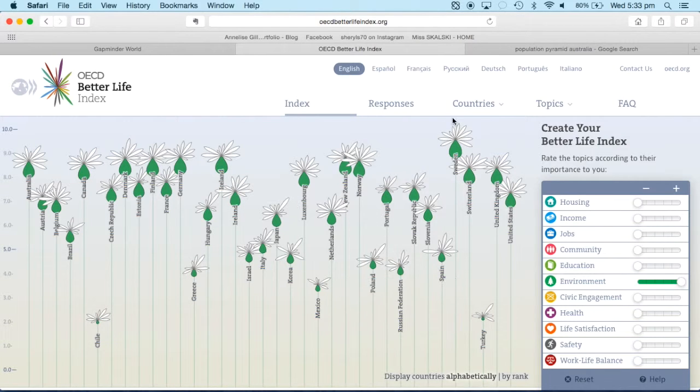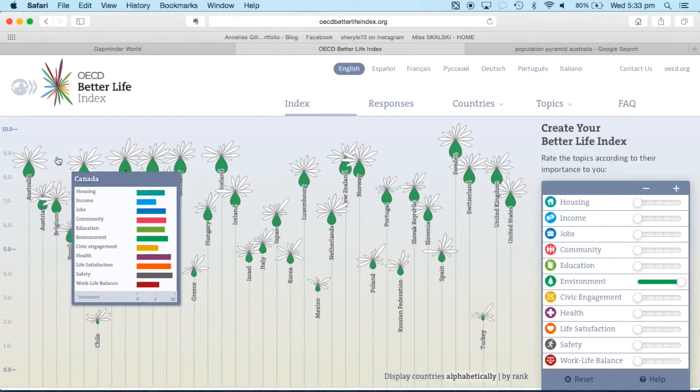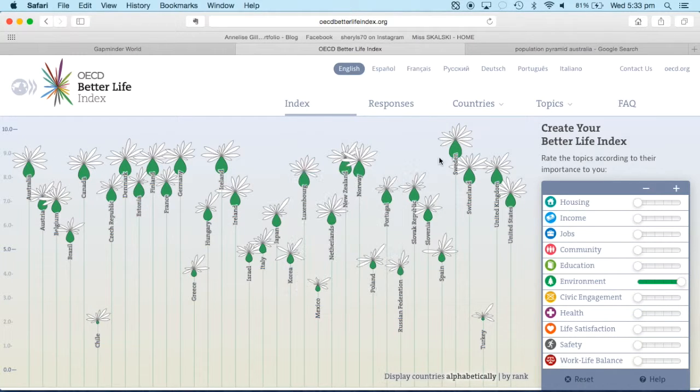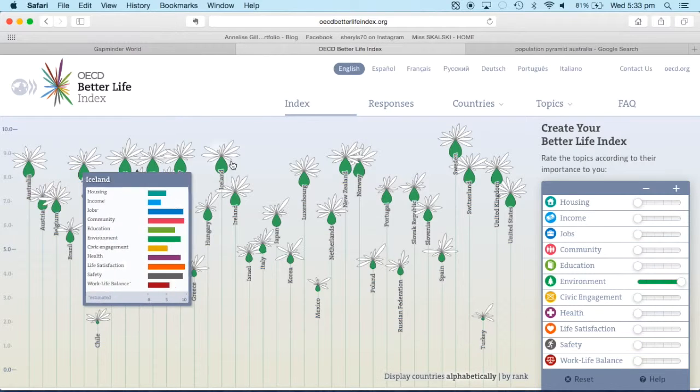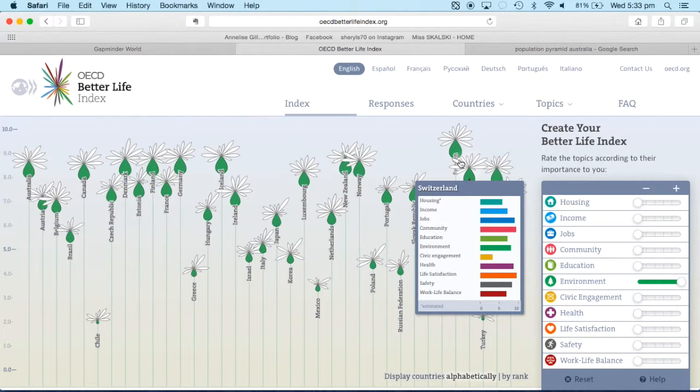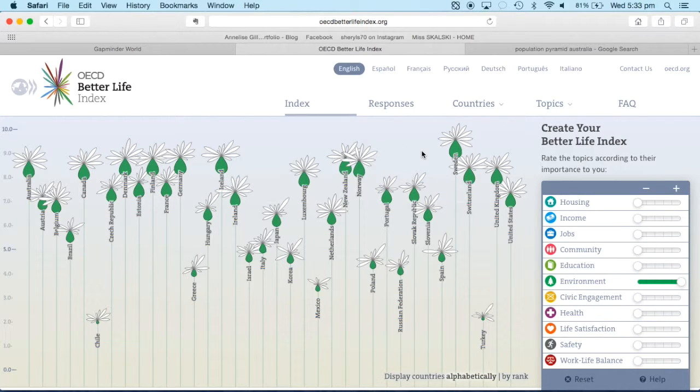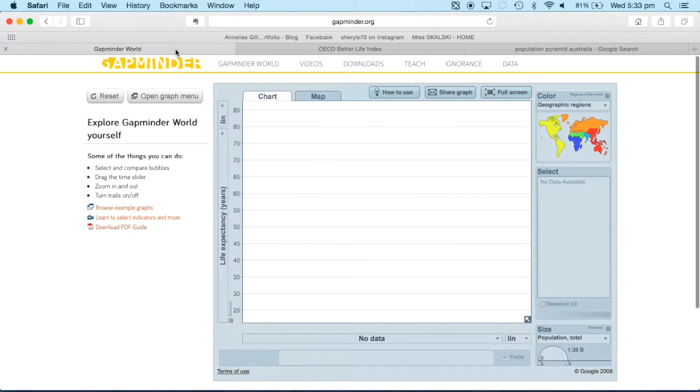And you can see now that clearly Sweden is up there along the top, but there's a whole range of other countries. And what you'll need to do is look at that range of countries in relation to all the other information, so the climate graph, the population graph, whatever those aspects of your character were seen as important. So the Better Life Index is probably the best one.